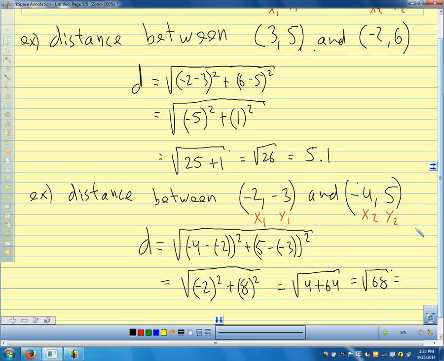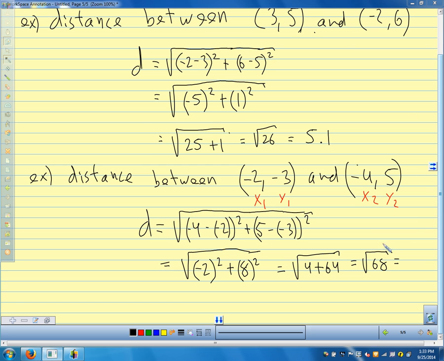And when I plug that into my calculator, I get 8 point something. Someone calculate that for me. 8.2. So the distance between those 2 points is about 8.2 meters. All right, questions there?